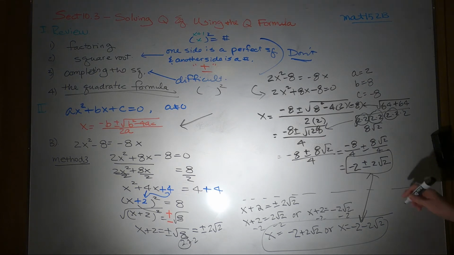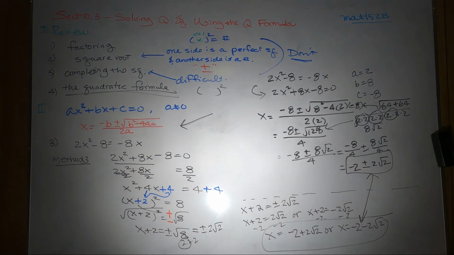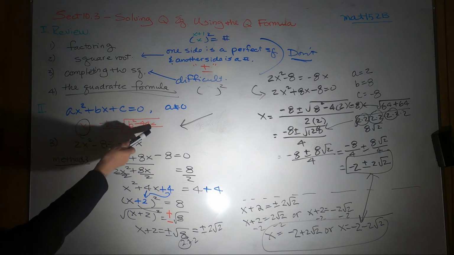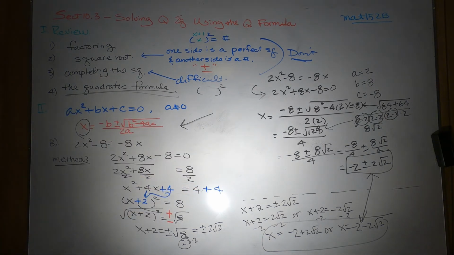So this one, the formula, it will always work, okay? Because the formula guarantees us that's how it works. So we say your x is what? You just plug in your a, b, c, you get the answer all the way. So you don't need any of the other methods, okay? But sometimes for a simple one, you can just factor it.